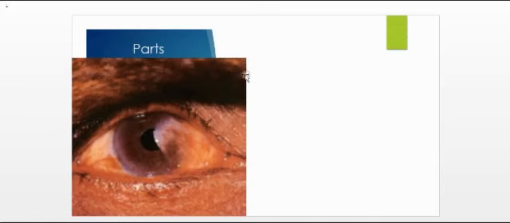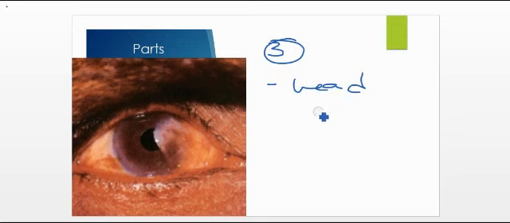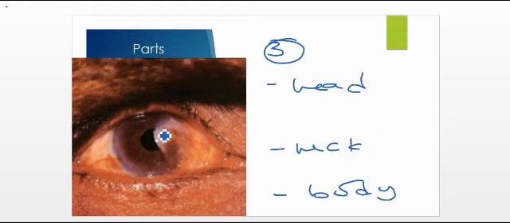Basically the pterygium has three parts: the head, the neck, and the body. So this is the triangle. Most of the time it is on the nasal side, as you can see here, and from this picture you can see it is triangular.